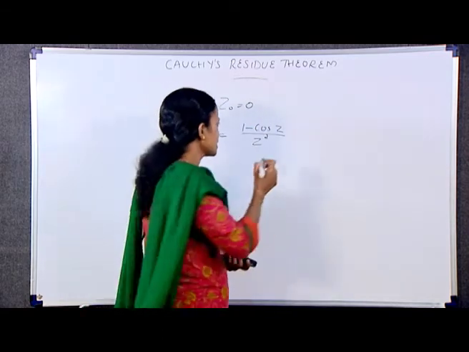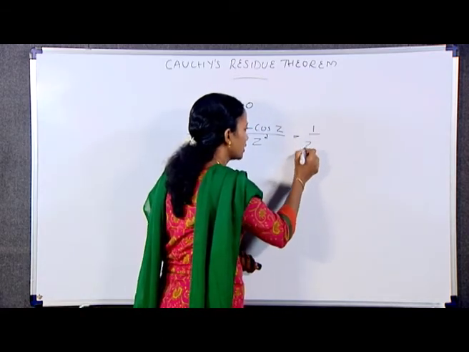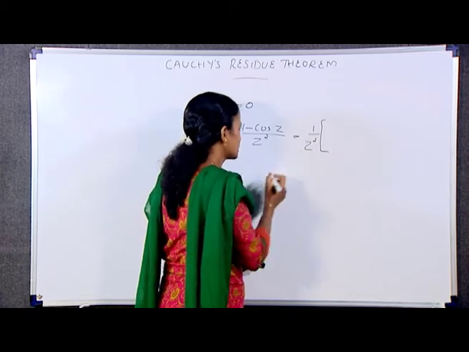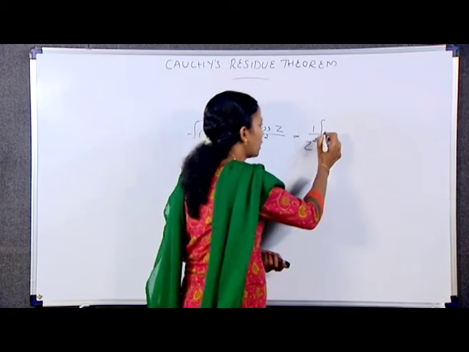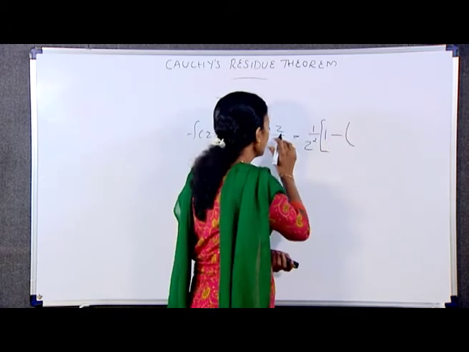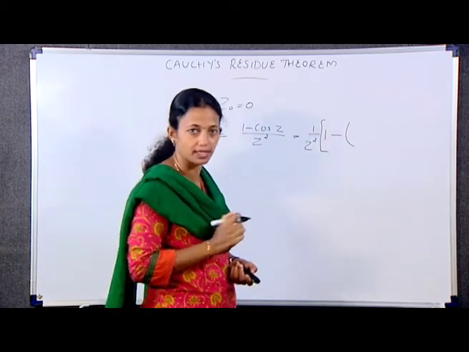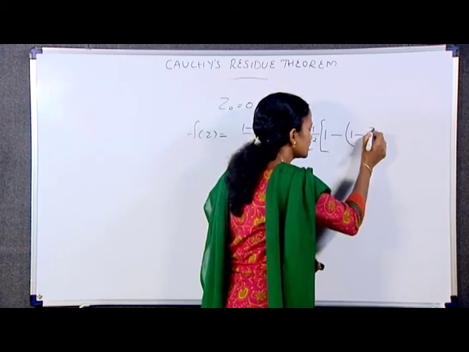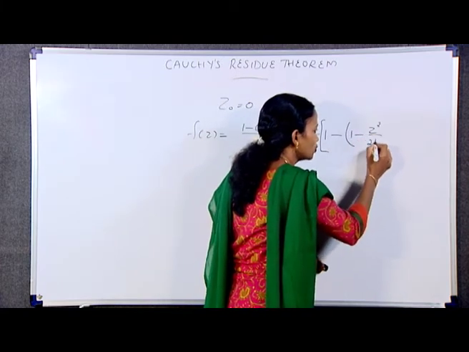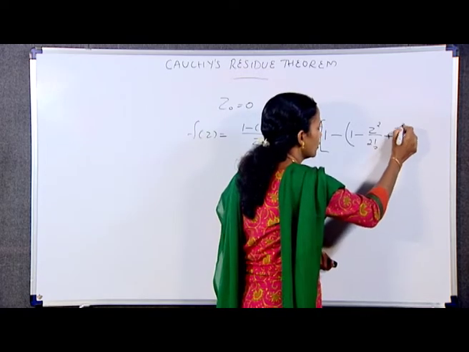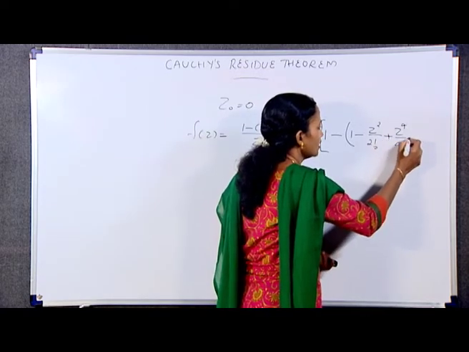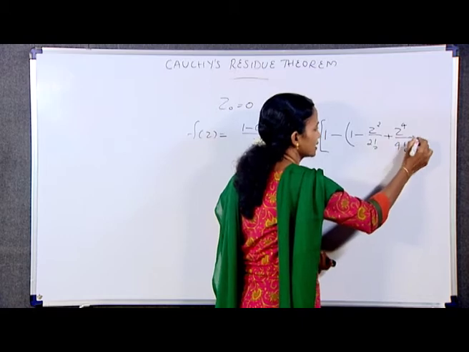This I can write as, taking 1 by z square outside and expanding 1 minus cos z, that is 1 minus, again, the expansion of cos z, which is 1 minus z square by 2 factorial plus z raised to 4 by 4 factorial minus etc.